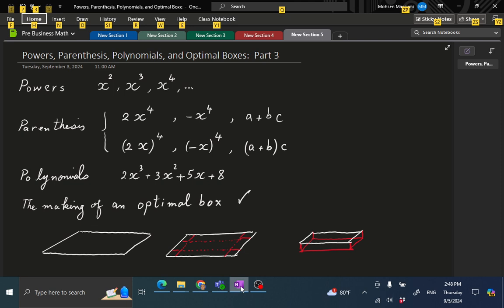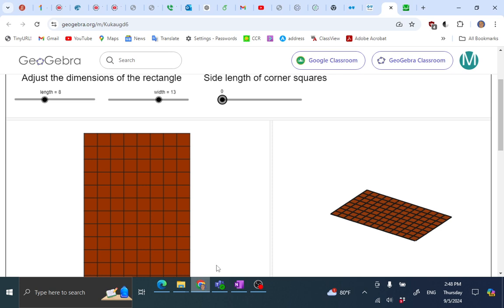Okay, let's take a look at this problem in a demo to see what is meant by all of this. So here is a page from GeoGebra, a very nice website where teachers put their work, and you can actually use it and write programs yourself to demo various aspects of mathematics. So here we have a sheet of cardboard.